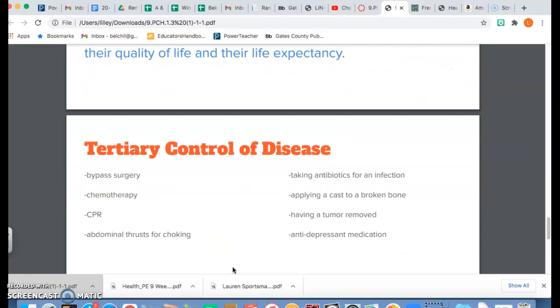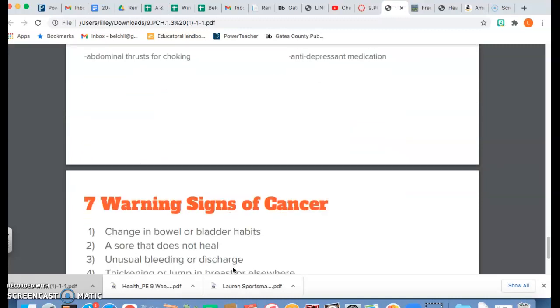So tertiary control would be like having bypass surgery because you have blocked arteries, chemotherapy because you have cancer, CPR because somebody is not breathing, abdominal thrusts because somebody's choking, taking antibiotics because you have strep throat, applying a cast to a broken bone, having a tumor removed because it's detrimental to your health, and taking an antidepressant because someone is suffering from depression.